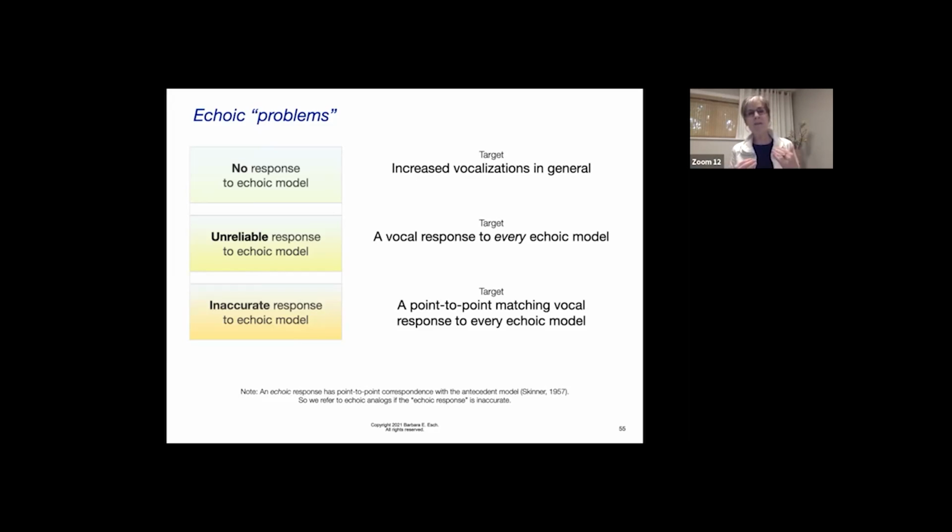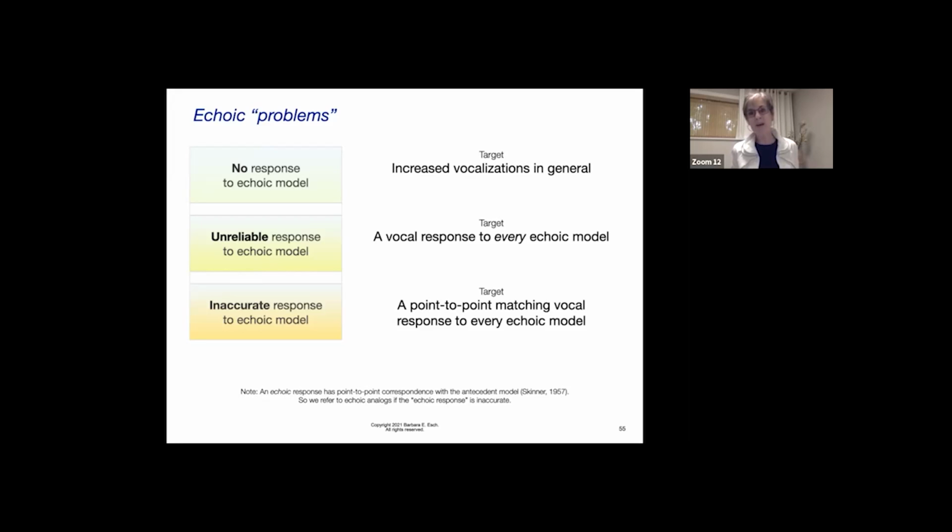And then the next level up from that in terms of skill is we get a response to every single echoic model. So it's occurring reliably, but it's inaccurate to some degree. Now, what we don't want is inaccurate vowels. That's a big problem. That's a much bigger problem than inaccurate consonants.